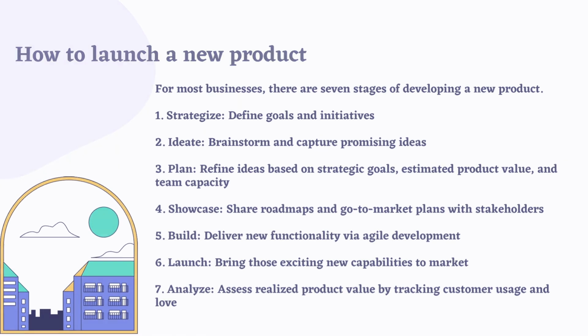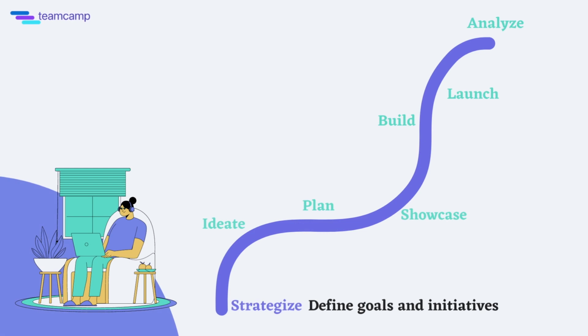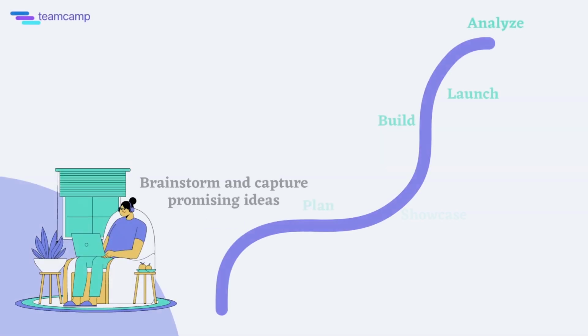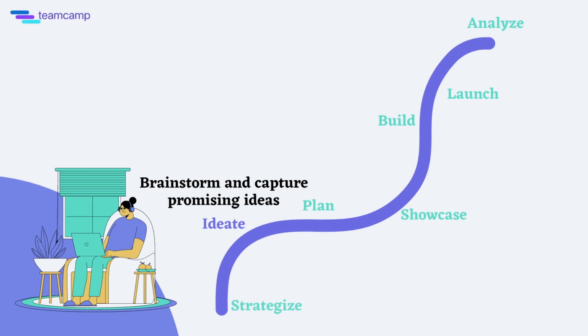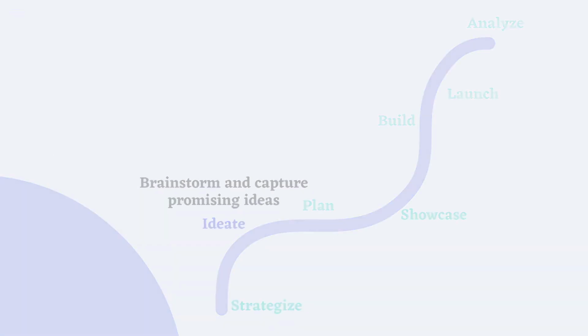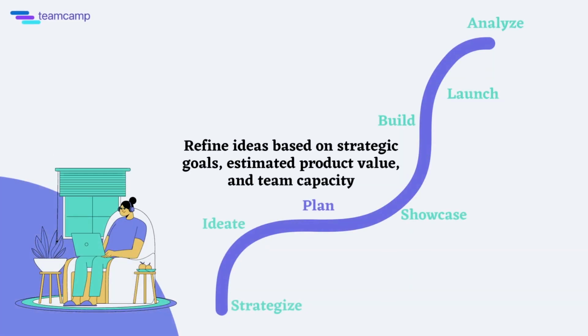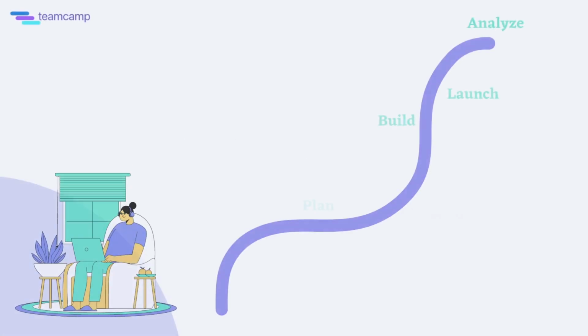1. Strategize. Define goals and initiatives. 2. Ideate. Brainstorm and capture promising ideas. 3. Plan. Refine ideas based on strategic goals, estimated product value, and team capacity. 4. Showcase.